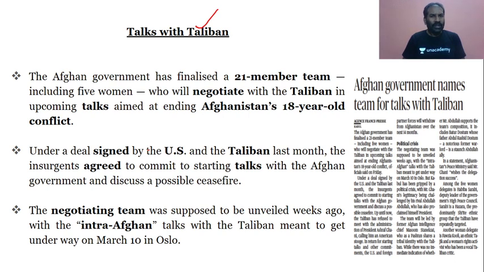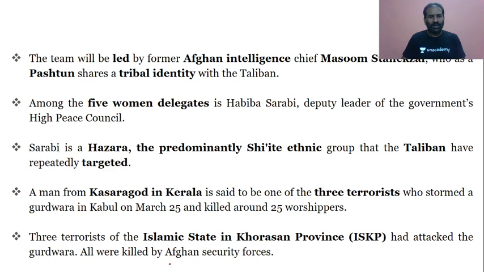So ultimately, when we look at it, the IS, the Islamic State, has targeted the minorities in Afghanistan, and the targeted minorities are the Sikhs. So which is the terrorist organization that has attacked?